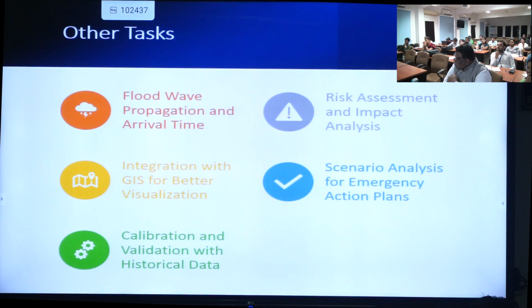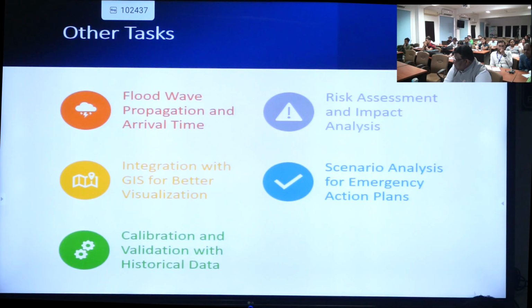Similarly here, the pre-processing is required. The actual running or execution of the program is required, and after it runs, analyzing the results, which I call post-processing, is also essential. So these are different things which we can do in HEC-RAS: calibration and validation with historical data, scenario analysis for emergency action plans.